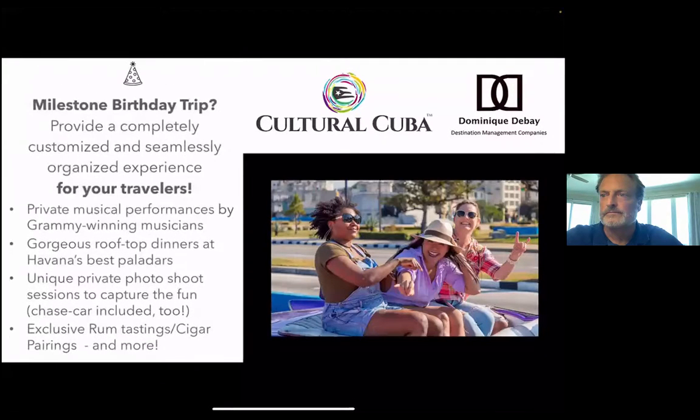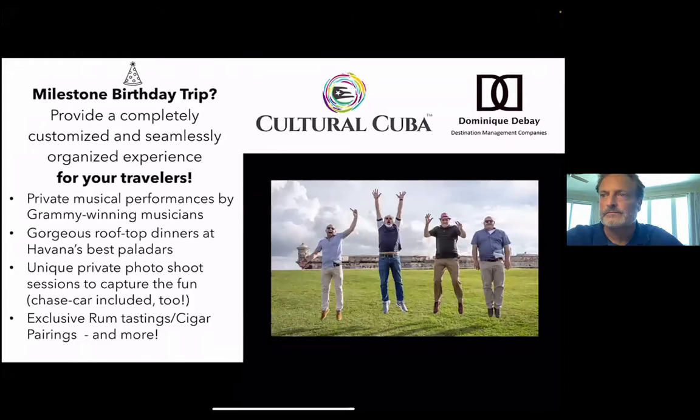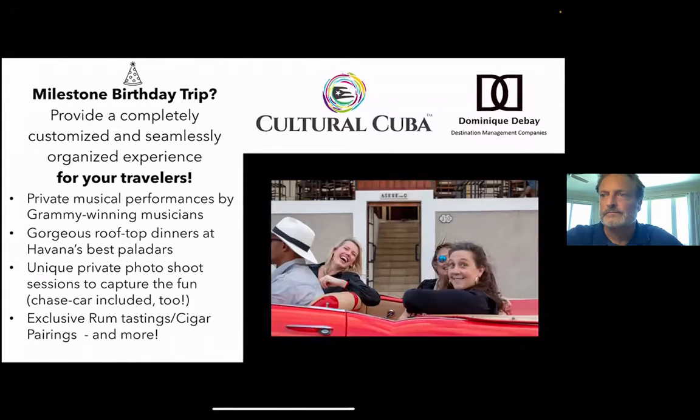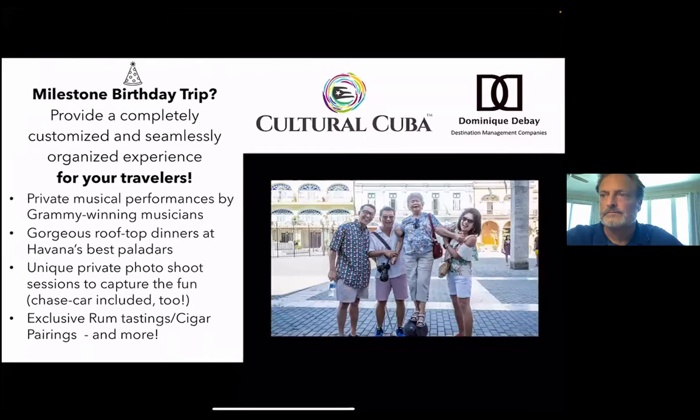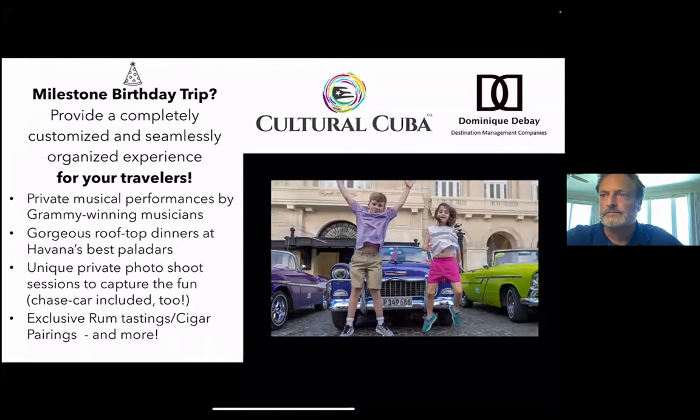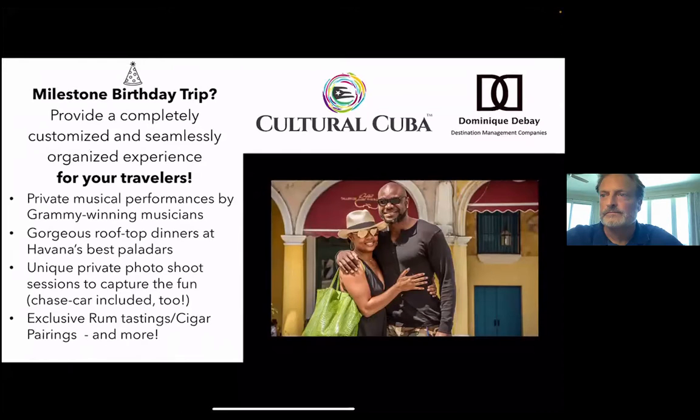But our focus today is on the milestone birthday trips, and let's add in destination weddings, because I really think these kinds of things go together. And here's, in general, the company's concept, Cultural Cuba itself. For every single trip we do, it's really an event.